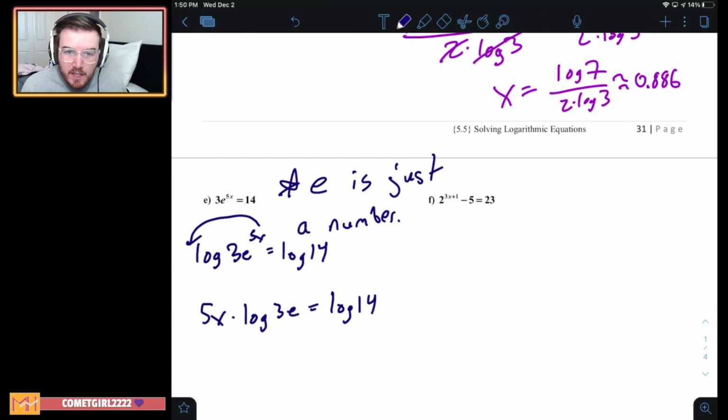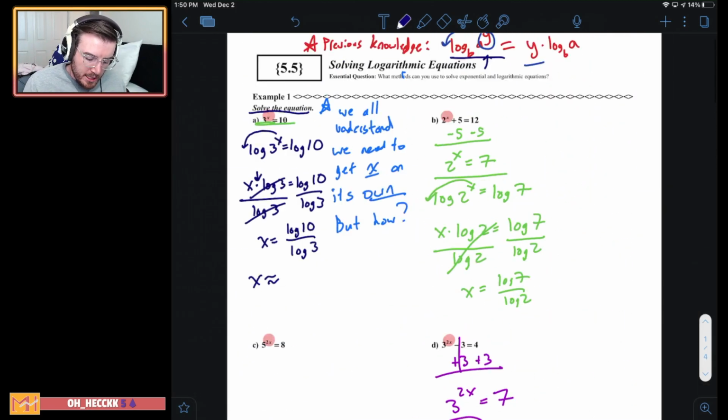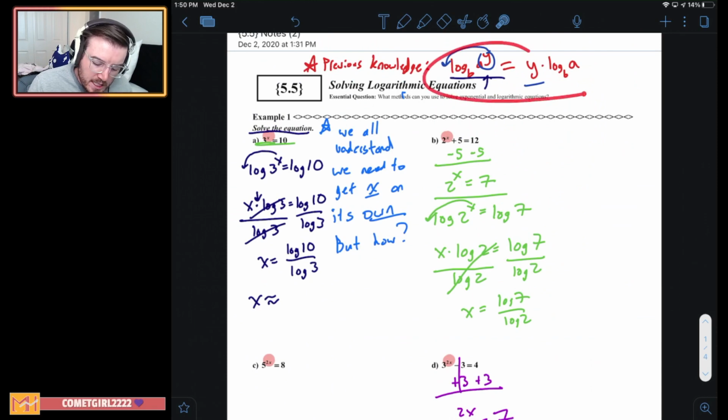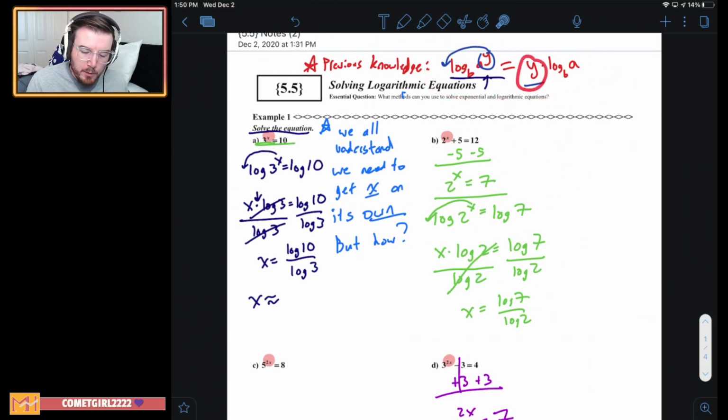Again, this creativity that we're using here, why are we using the log? Really think about that. Why are we using a logarithm? Because that's what allows us to bring down the exponent. How could we do that any other way? This log property is what seals the deal for us. If we weren't using the log, we'd never be able to get that x out from there.